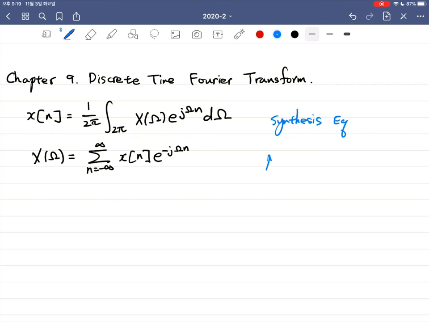And also this is the analysis equation, where we obtain this X of omega from x[n].